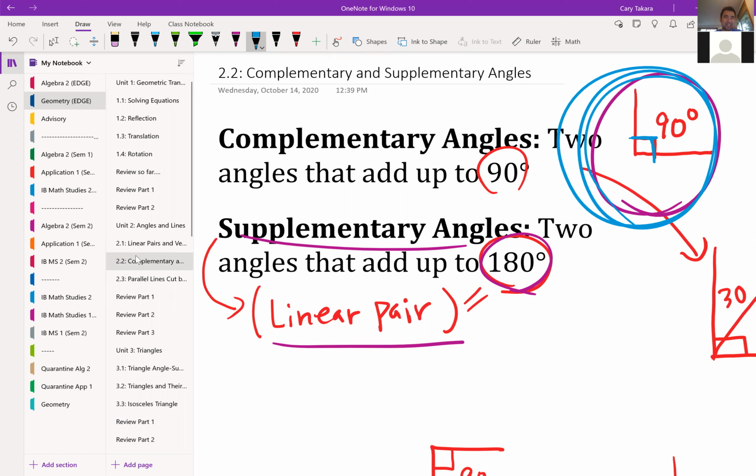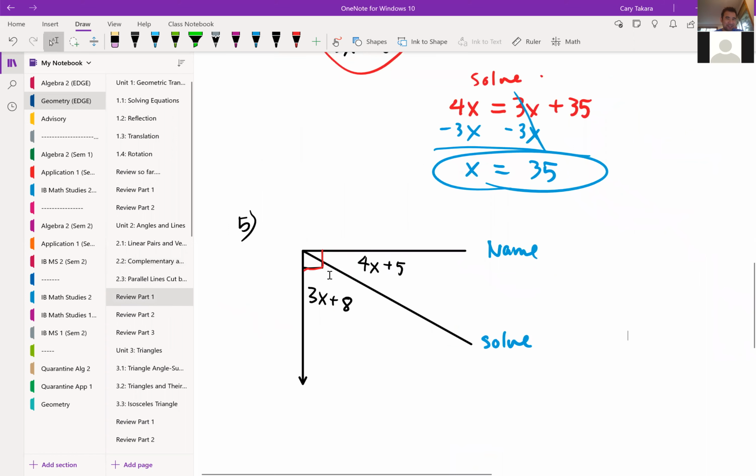If you see a 90-degree, that's called complementary angles. So that's what we have right here. You see, here's a 90-degree. So name-wise, this is definitely going to be complementary.